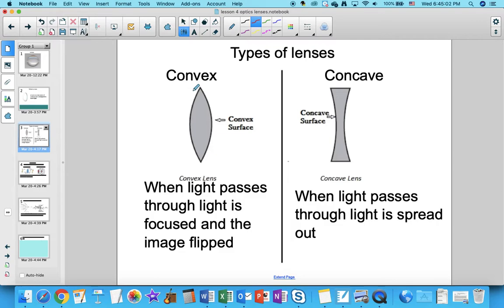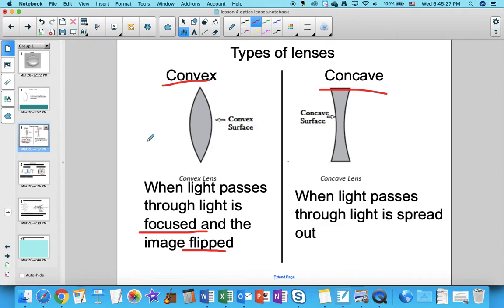There are two types of lenses, and this may sound familiar: convex lenses and concave lenses. When we talked about mirrors, we talked about convex and concave mirrors, and they did certain things. So convex lenses focus light and flip the image.